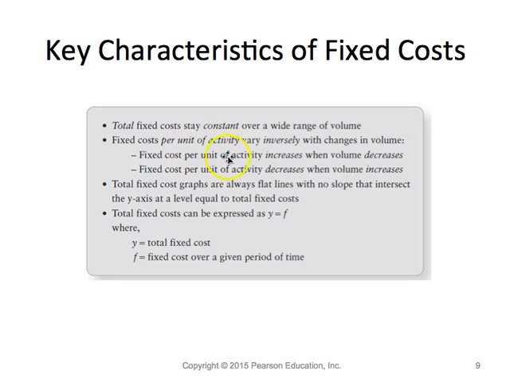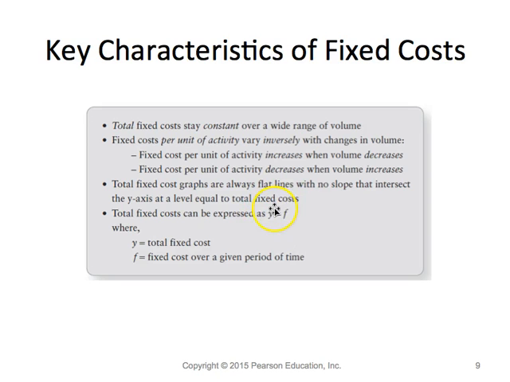Here's the total cost graph. It is always a flat line with no slope that intersects the y-axis at a level equal to total fixed cost. Actually, this one should come before the graph, because we need to know the equation first. The equation is y equals F, the fixed costs.